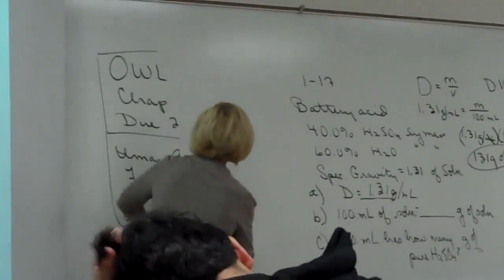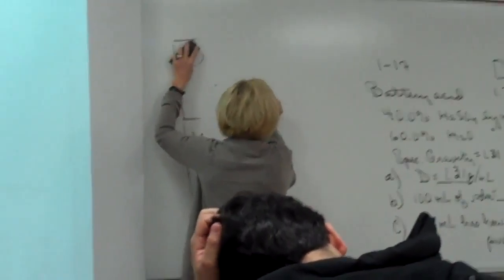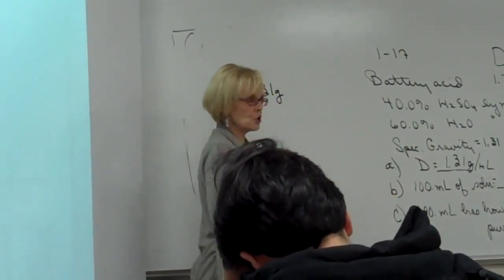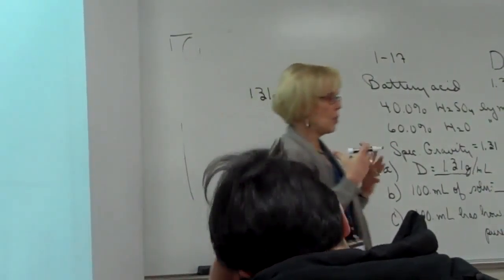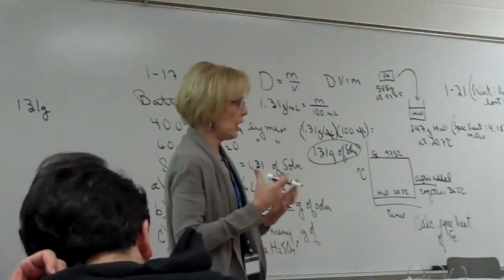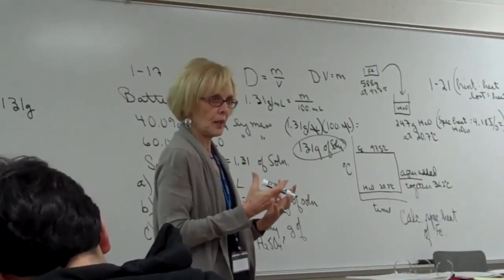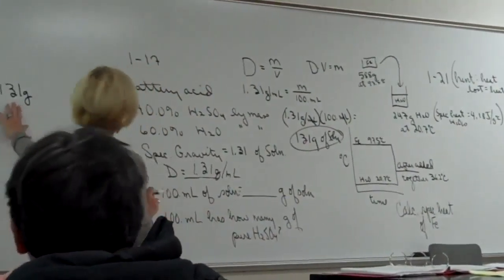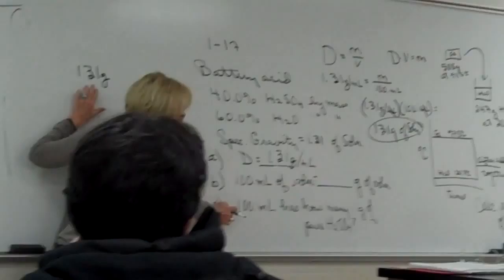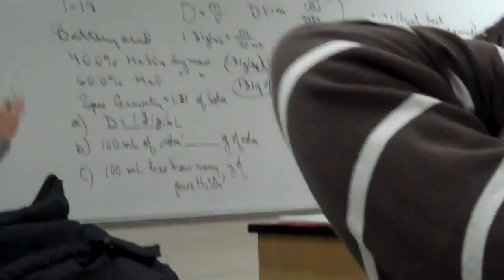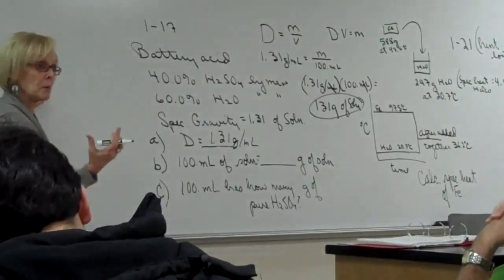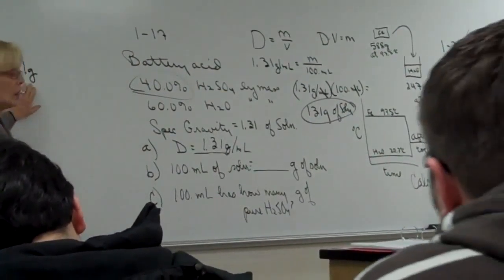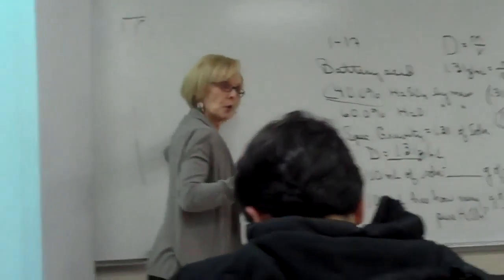Okay, so let's move over here. I have 131 grams of solution. Okay, but I want grams of the pure H2SO4, the sulfuric acid. Okay, Steve, what do I do next? See, I've got 100 mils, but I already know that's 100 grams of solution. And I can go back here. Out of this is 40% the pure stuff.